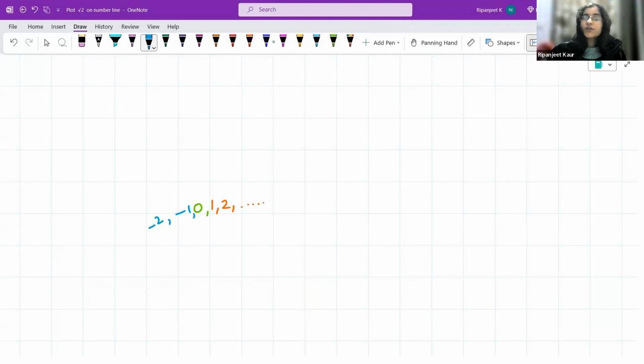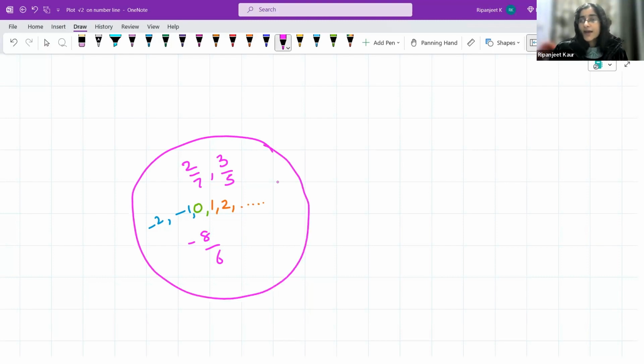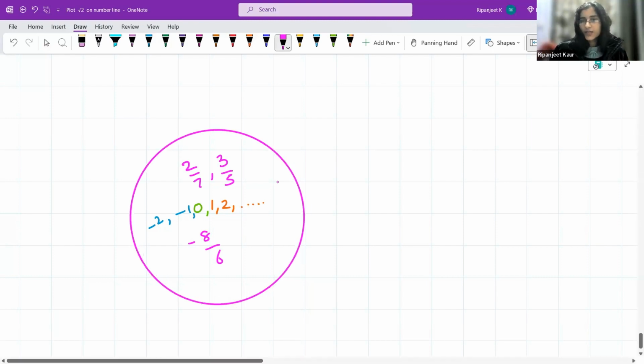And what if we add even the numbers which are fractions, yes, 2/7, 3/5, -8/6, right? They become rational numbers. So all these things come under rational numbers. Rational numbers contain all the types of numbers.